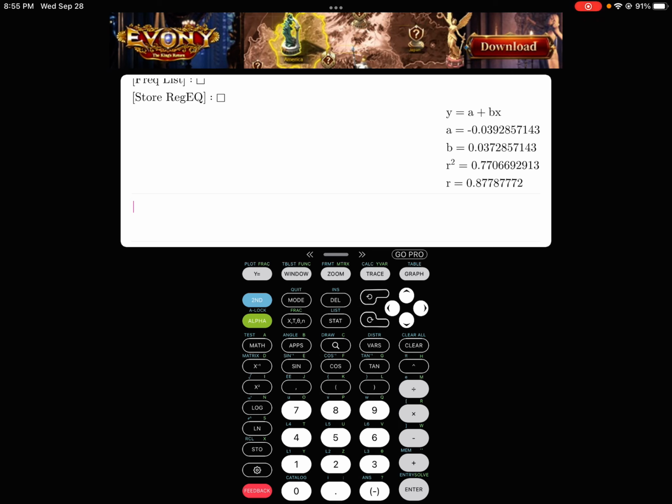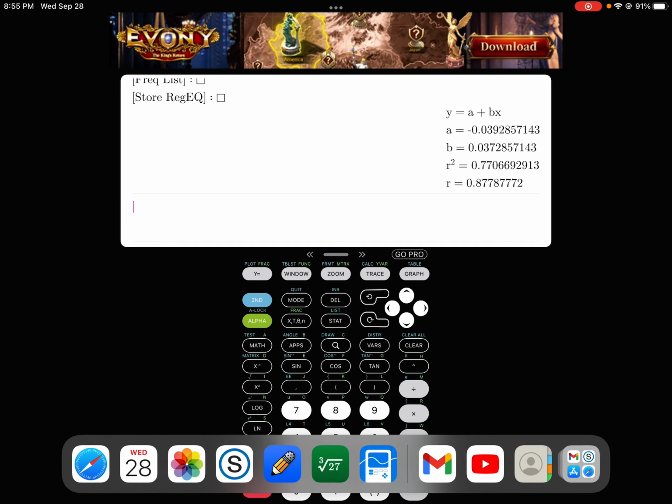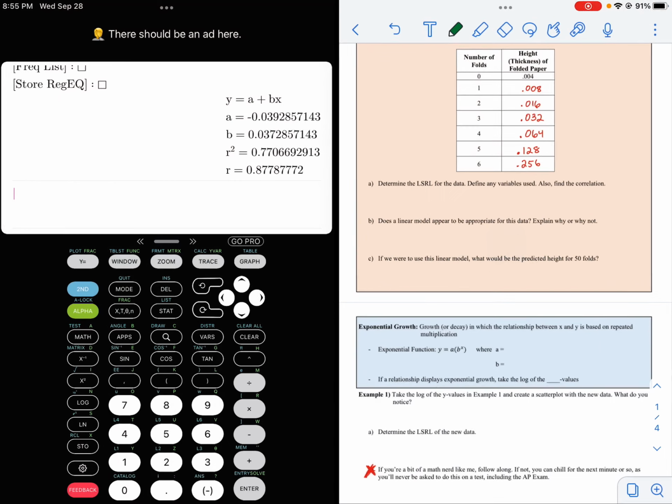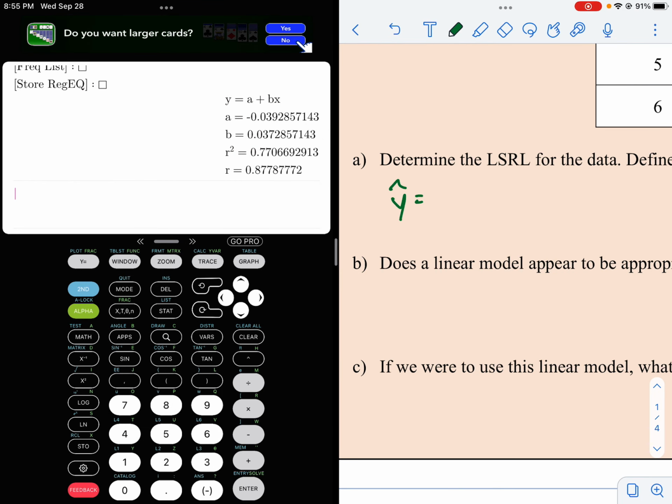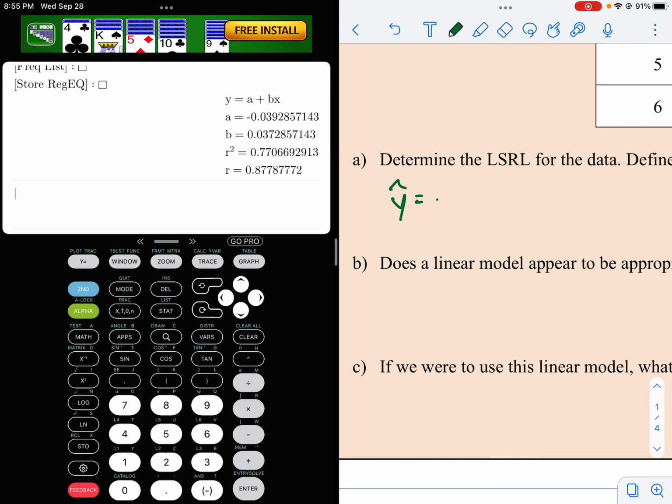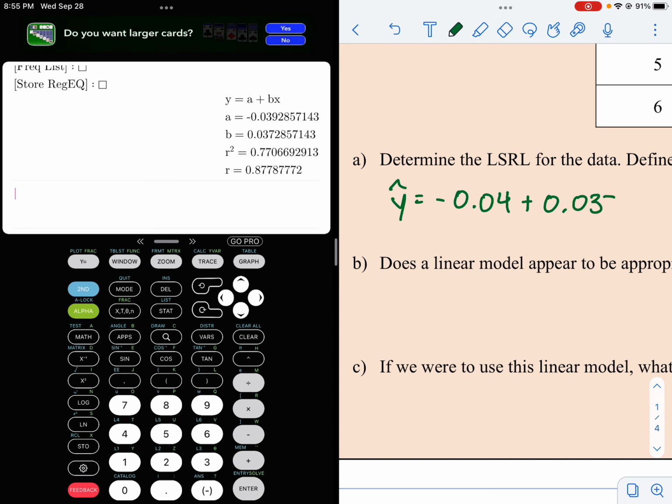I can see that my a value is negative 0.04, and my b value is 0.037. So if I write those in really quickly, I get y hat equals, my a value is negative 0.04 plus 0.037x.